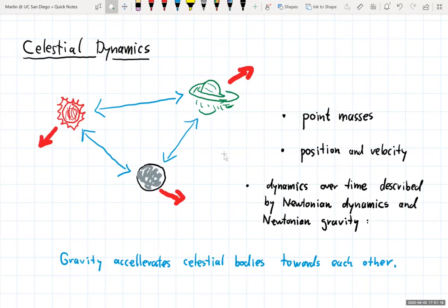Between each pair of these bodies, we've got forces that pull these bodies together, and that means that these act as acceleration of these bodies. Now, the strength of these forces, or the strength of the acceleration and their direction, of course, depends on the position of the bodies. And that leads to a system of ordinary differential equations which describes the Newtonian theory of celestial dynamics.